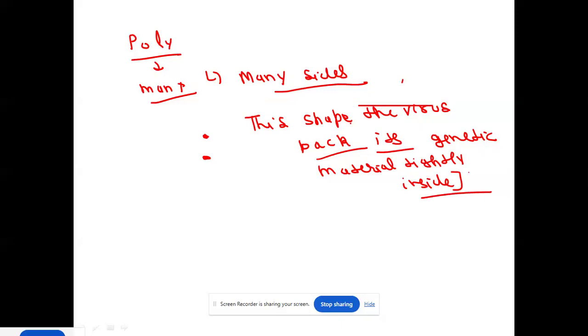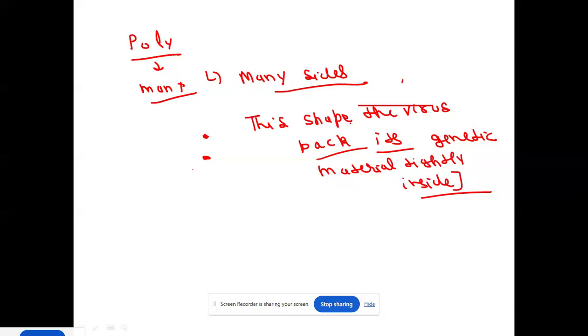See, polyhedral means many sides are there, poly means many. So this type of arrangement is there, a tight type of arrangement, to pack its genetic material tightly inside.